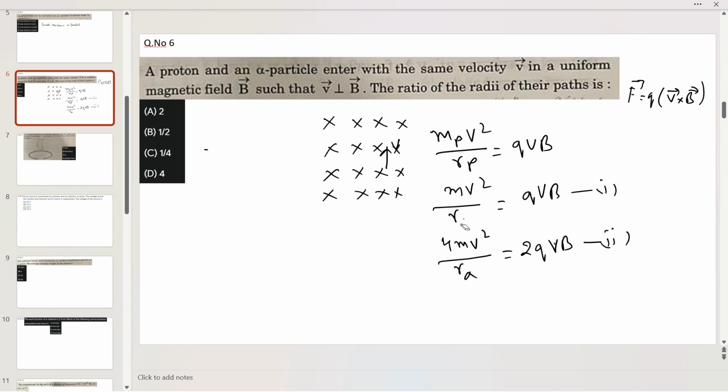Now we have to find the ratio of their radii. Now your rp will be equal to m v square by qvb. Let this be equation 1.